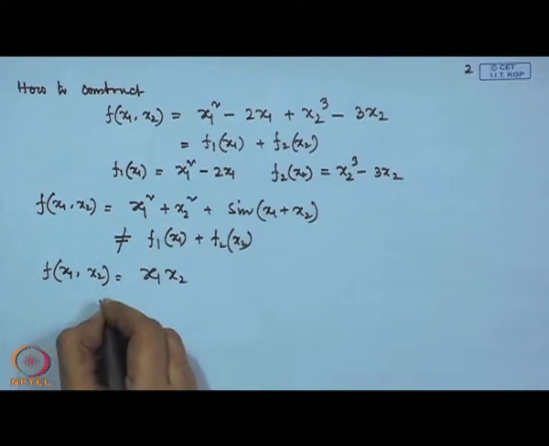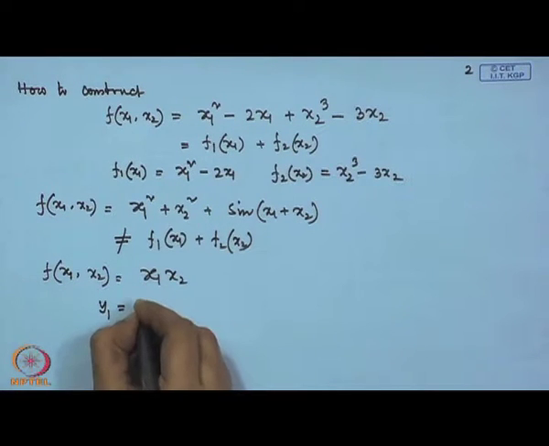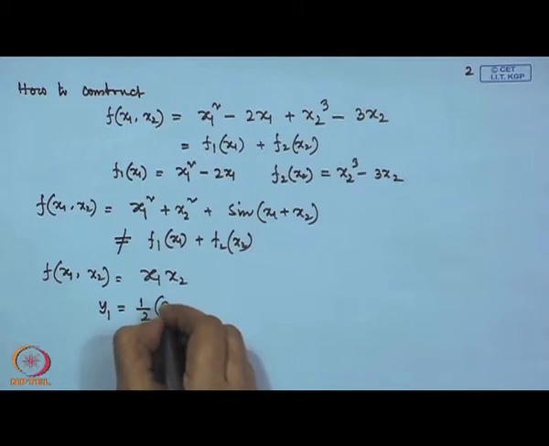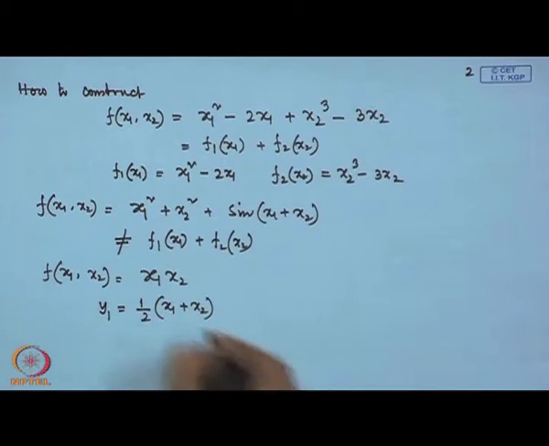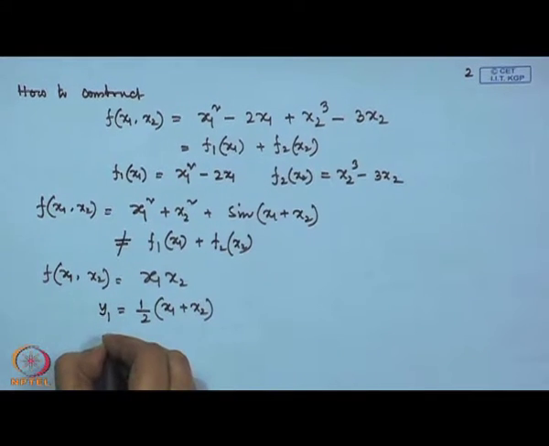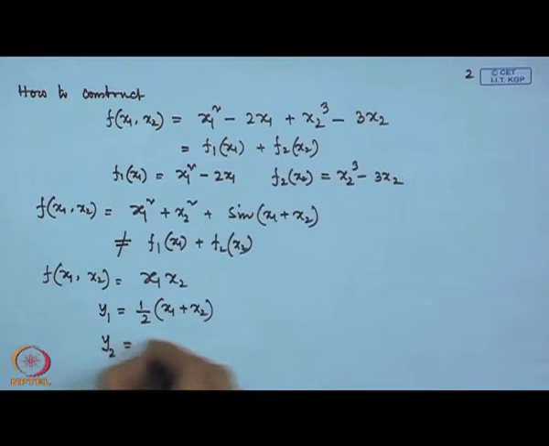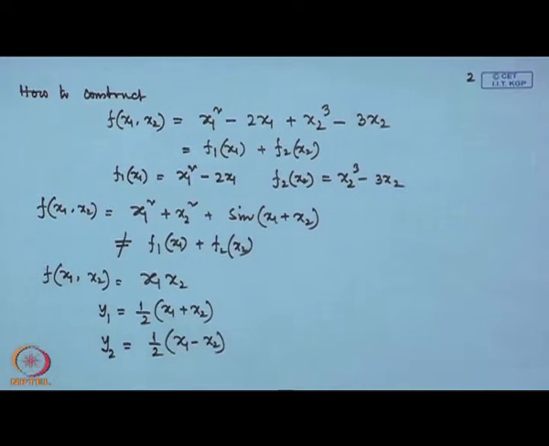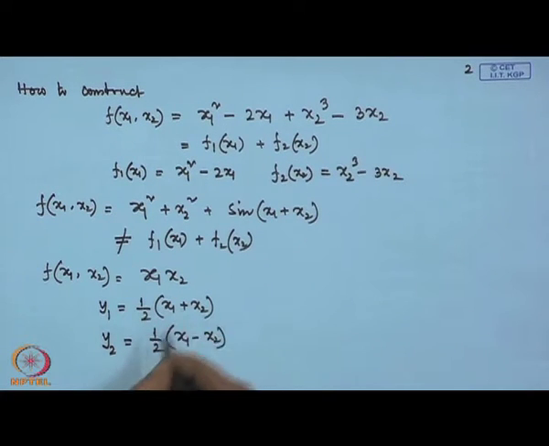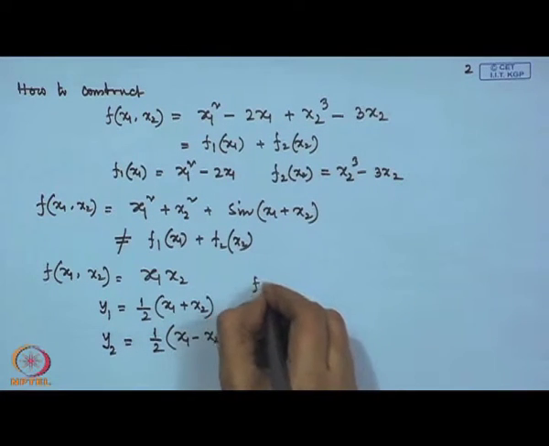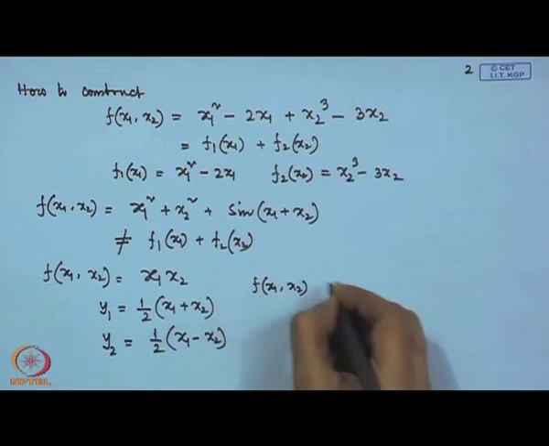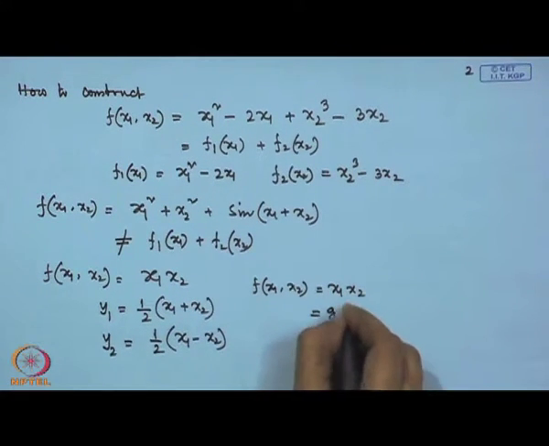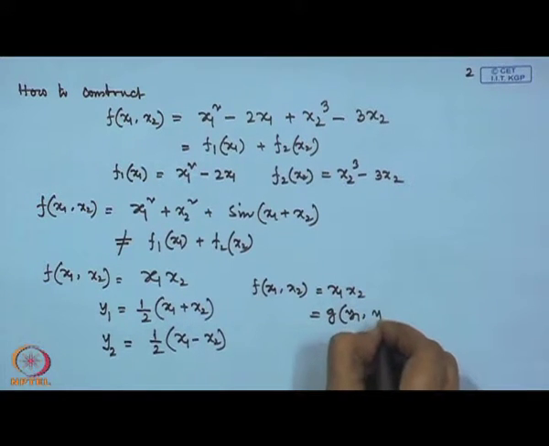Let me consider one variable y1 as half of x1 plus x2, and another variable y2 as half of x1 minus x2. If we write it in this way, then very easily we can write f(x1, x2), which is given to us as a function of x1, x2, as a separable function of y1, y2.